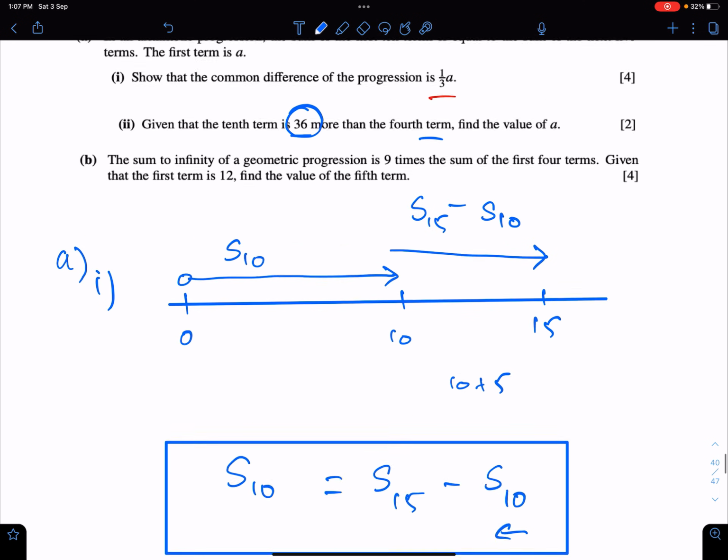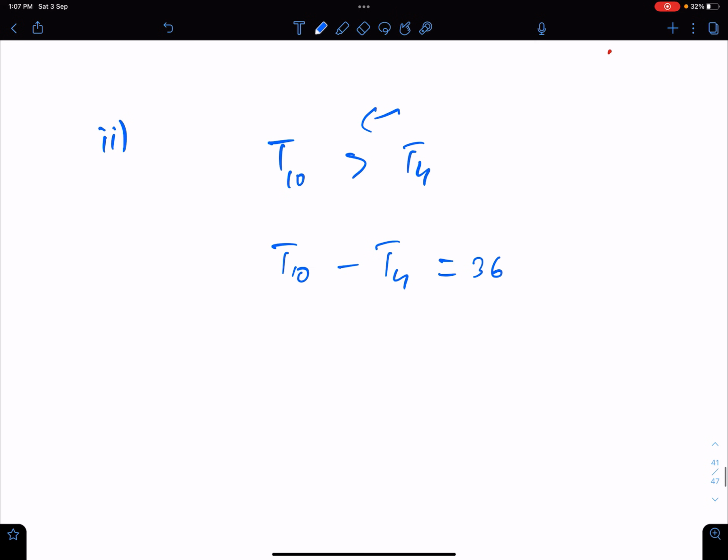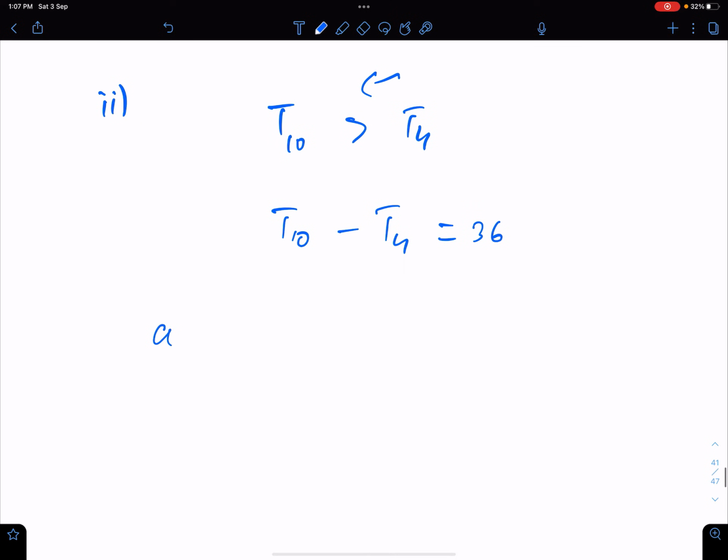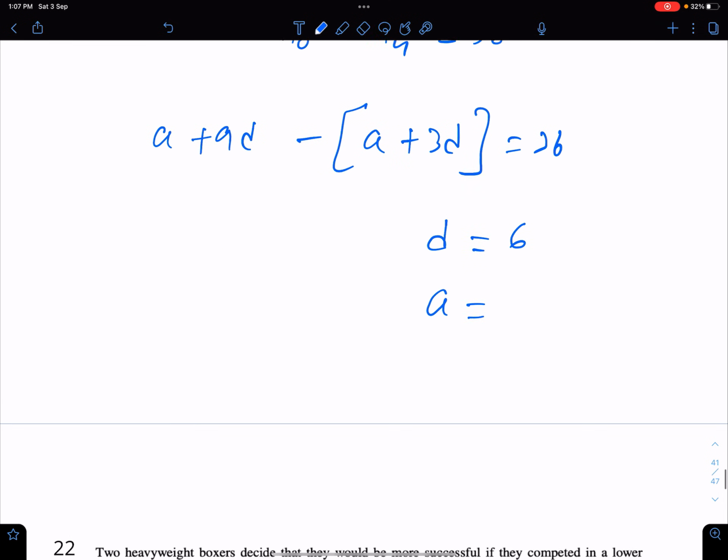And the question is, find the value of A. So 10th term means A plus 9D, 4th term means A plus 3D. So 9D minus 3D is 36. So D is 6. So A is, according to this equation, 18.